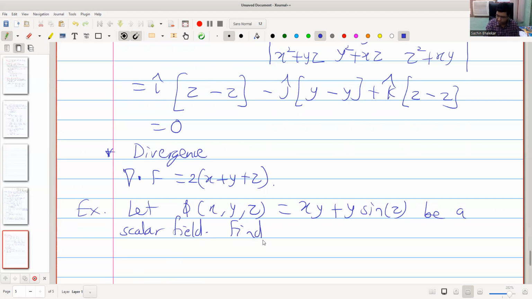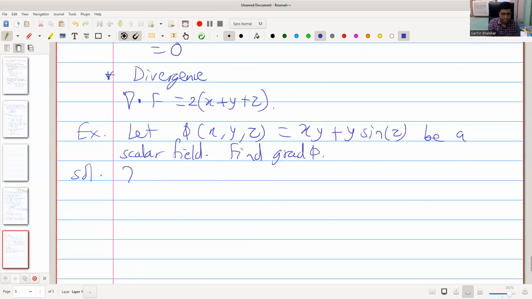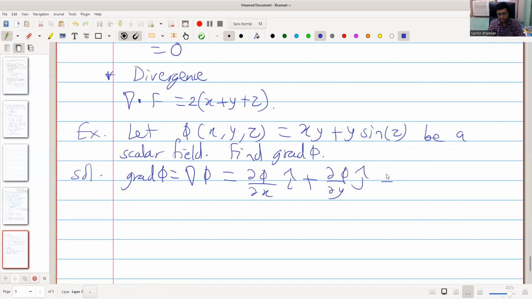Find gradient of this. Solution: grad phi equal to del phi, and that is equal to partial derivative of phi with respect to x i hat plus with respect to y j hat, and plus with respect to z k hat.